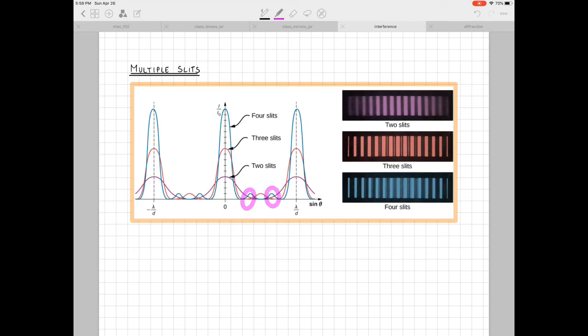With 5 slits we would have 3 secondary peaks, and so on. So the addition of more and more slits results in a sharper, narrower, more intense primary peak with the addition of more and more secondary peaks.